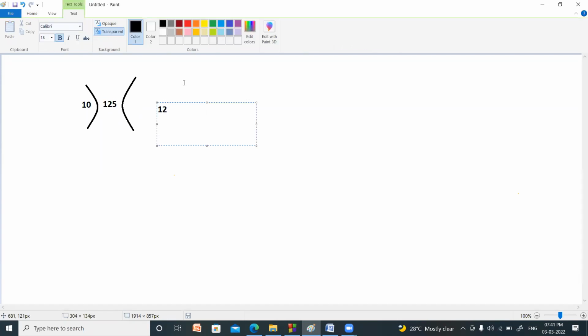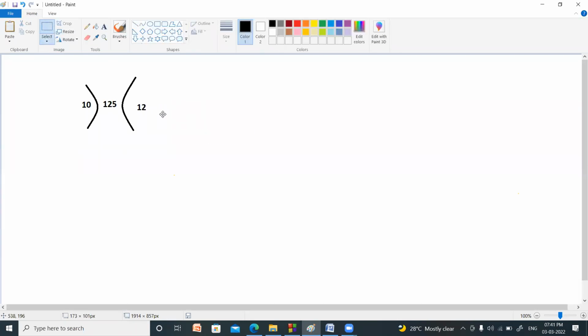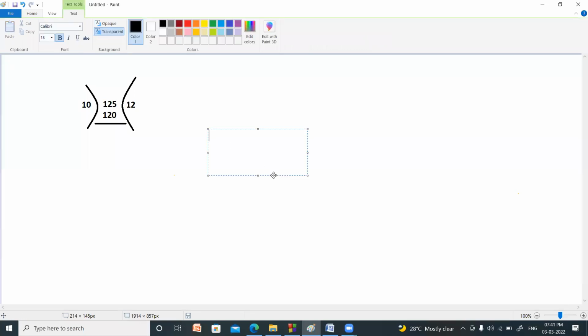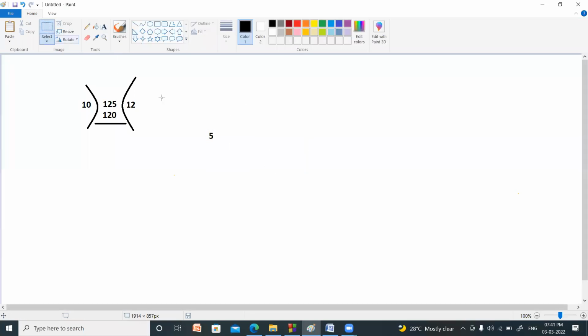It goes 12 times. Now, 12 is nothing but the quotient. Am I right? 12 tens are how much? 12 tens are 120. 125 minus 120 equals how much? 5. Now 5 is the remainder here. Actually 5 is the last digit. When we divide a number with 10, we get 5, the last digit, as the remainder.